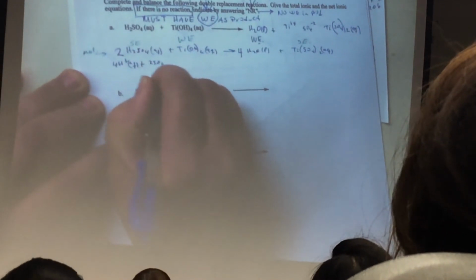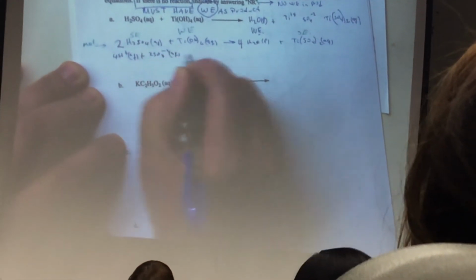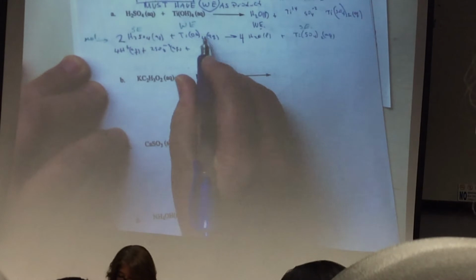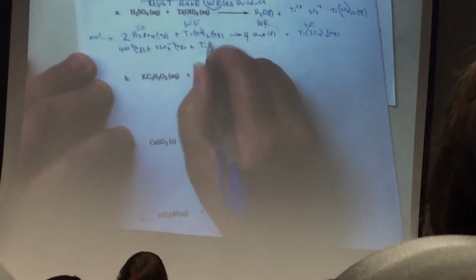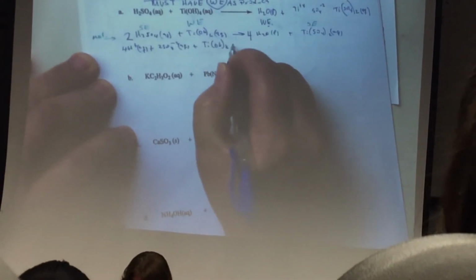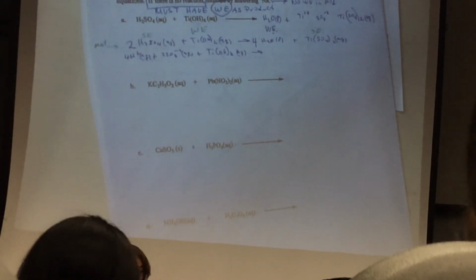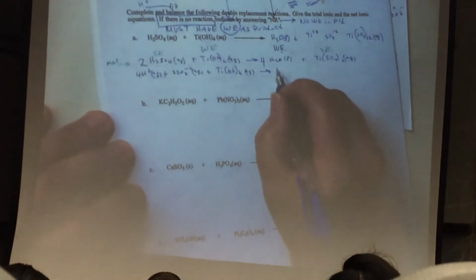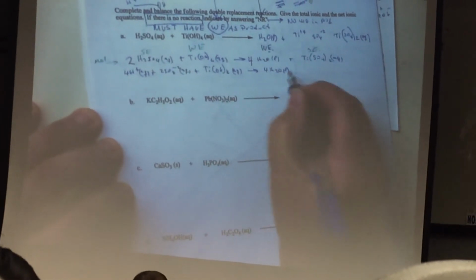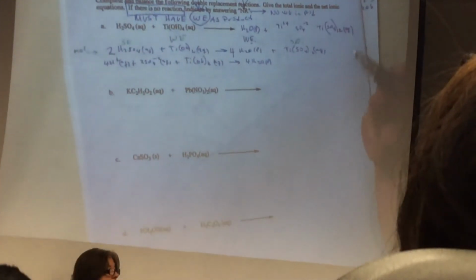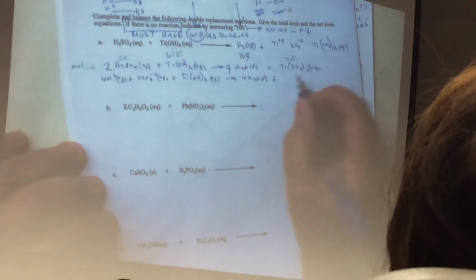So, 4H+ aqueous plus 2SO4 2- aqueous. Plus, do I break that? Nope, I leave it alone because I've determined, according to my definitions, that to be a weak electrolyte. Do I break up my water? No. That's my product. Plus, do I break this one?